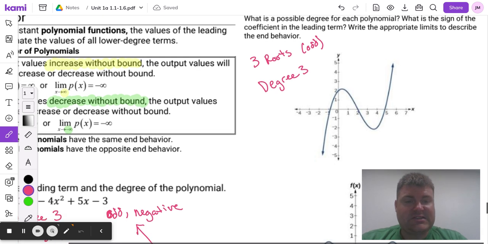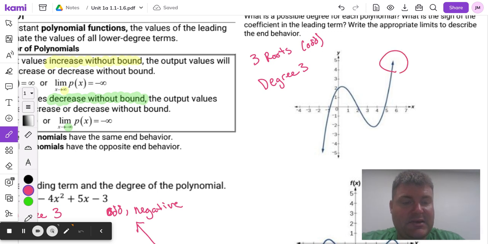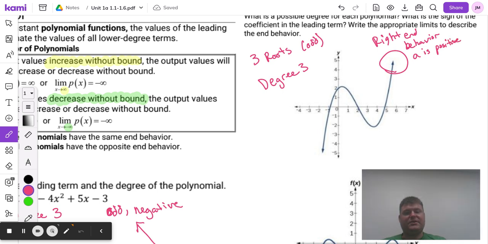What's the sign of the leading coefficient? The sign is going to be the end behavior, the right end behavior. That means a is positive.